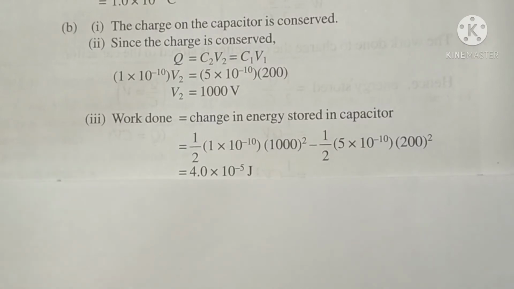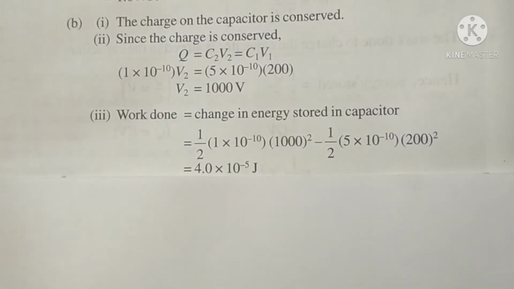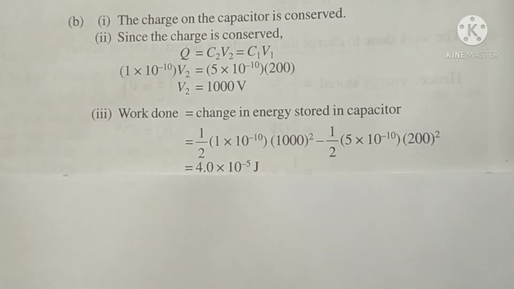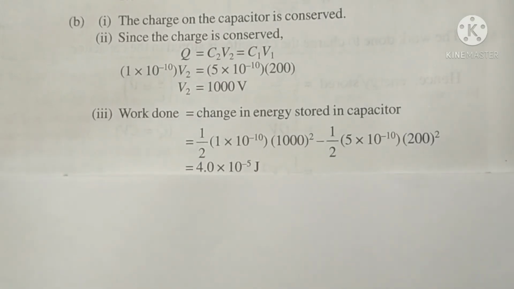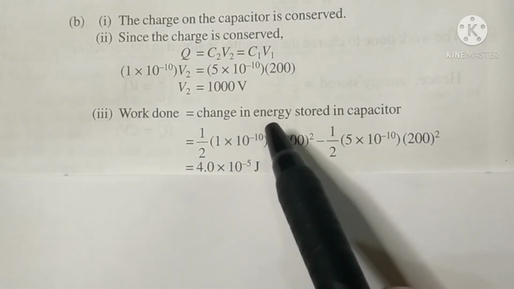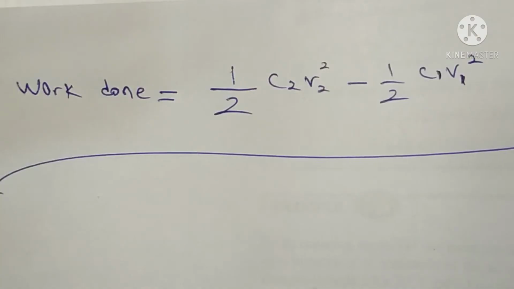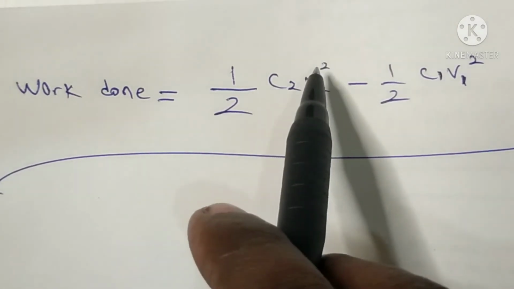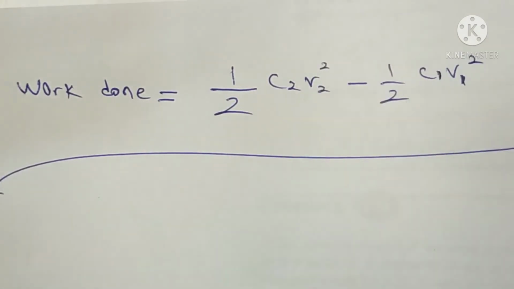Finally, for B Roman 3, the work done against the electric field when the capacitance is changed equals the change in energy stored in the capacitor. We're going to use this formula: half C2 V2 squared minus half C1 V1 squared.